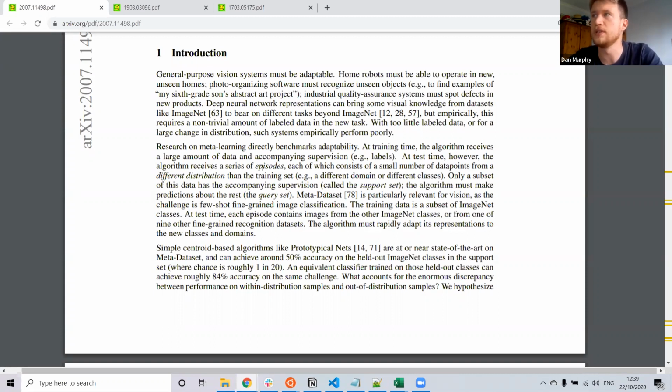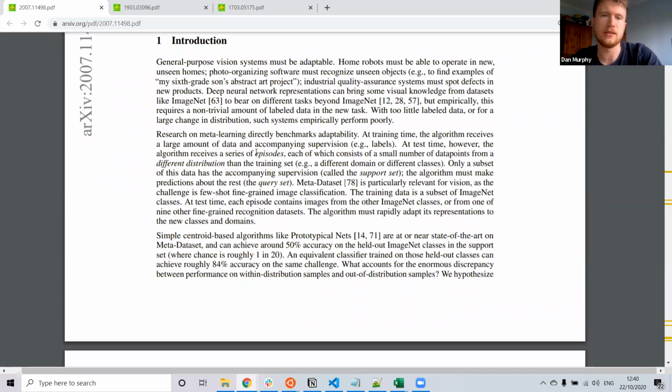The challenge is to make your pre-training and your architecture such that you can quickly generalize to a new episode without needing a huge number of labeled data, or retraining your classifier from scratch.